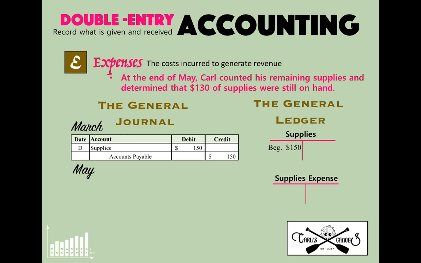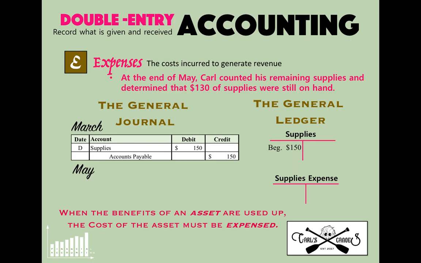He has a supplies account that has a balance of $150. But he goes out at the end of May and he counts the supplies he has left, and he finds out he has $130 of supplies left. So he doesn't want to continue telling people or have in his ledger account that he has $150 of supplies, because he doesn't.